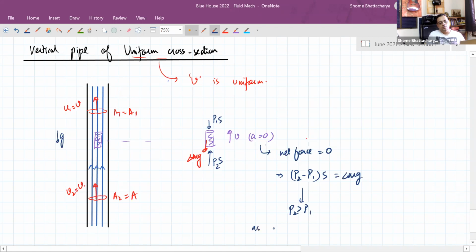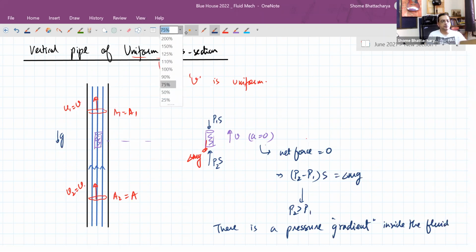So there is a pressure gradient or a pressure variation inside the pipe. Again, such that the pressure decreases with vertical displacement.